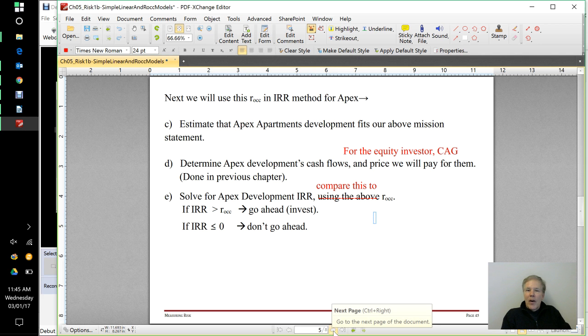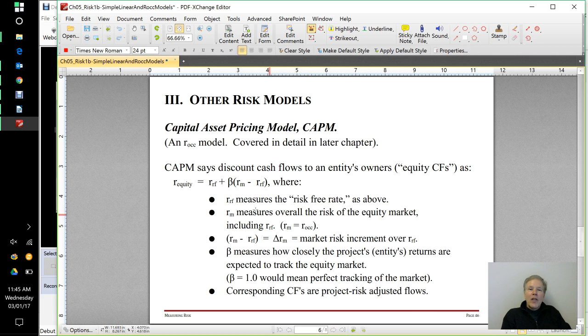Next step. Okay. But before we do that, I do want to talk briefly about other risk models. In finance, in real estate finance and general finance, there are several other risk models aimed at determining RM or ROCC.